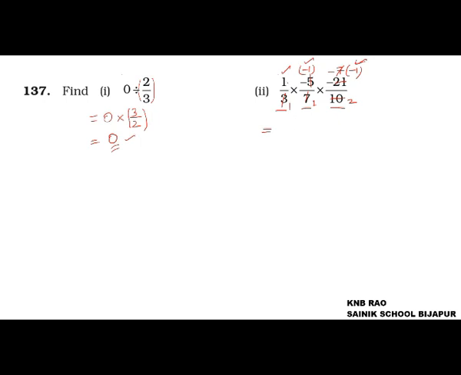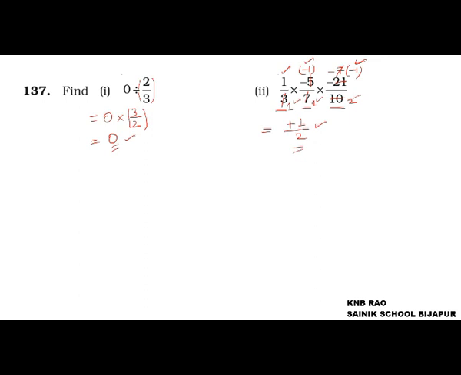So the product of 1 with minus 1 is minus 1, and that minus 1 multiplied by minus 1 gives us plus sign 1. Here we have 1 multiplied by 1, 1 multiplied by 1, and that product multiplied by 2. So 1 ones are 1 multiplied by 2 gives 2. So the answer is 1 by 2.